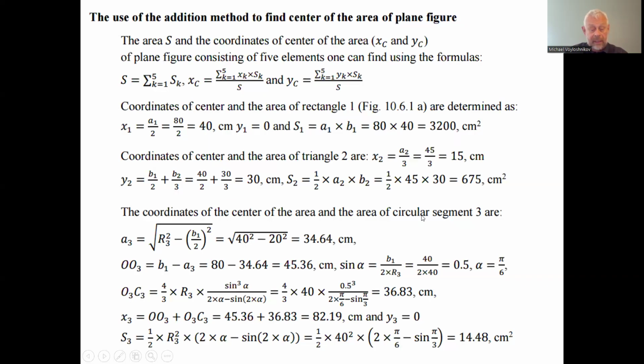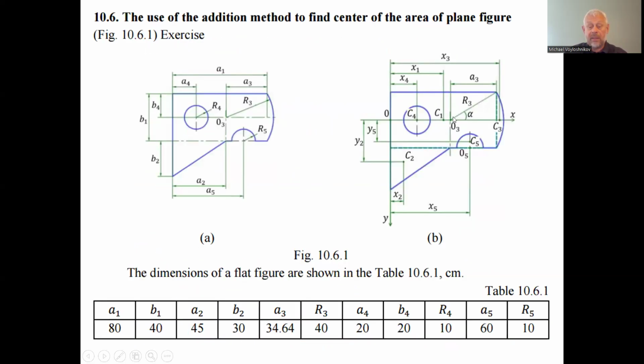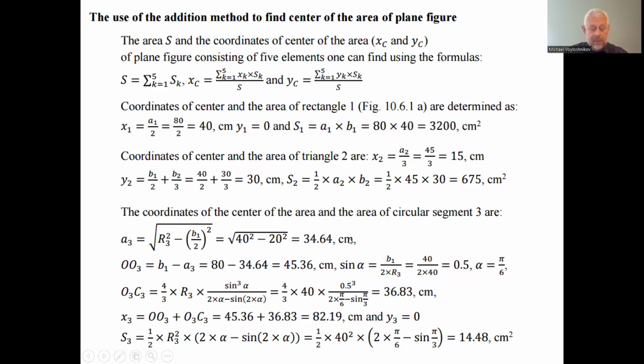The O3C3 is measured from O3, the center, at distance R3 from the next side of the rectangle. When we substitute the magnitudes, we need the angle: pi divided by 6, and 2 alpha is pi divided by 3. When we substitute the sizes, with R equal to 40, O3C3 is equal to 36.83.